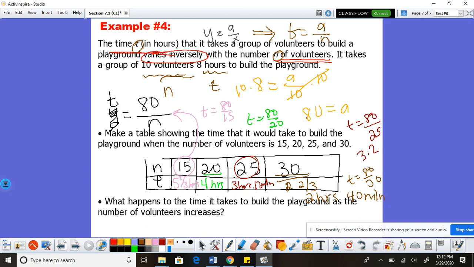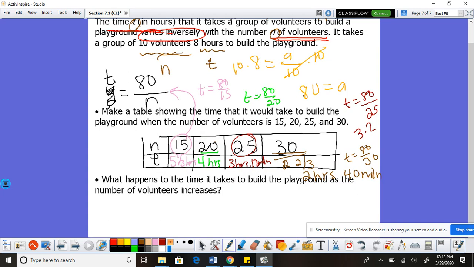Last question: what happens to the time it takes to build a playground as the number of volunteers increases?